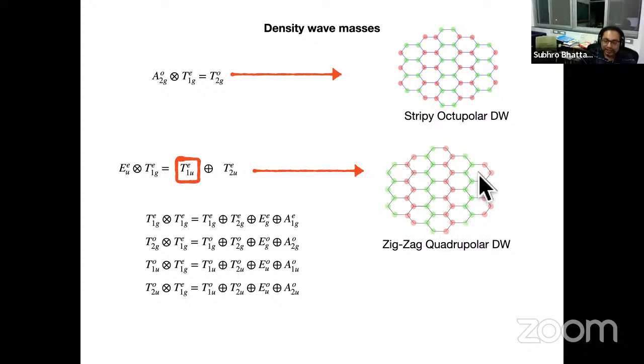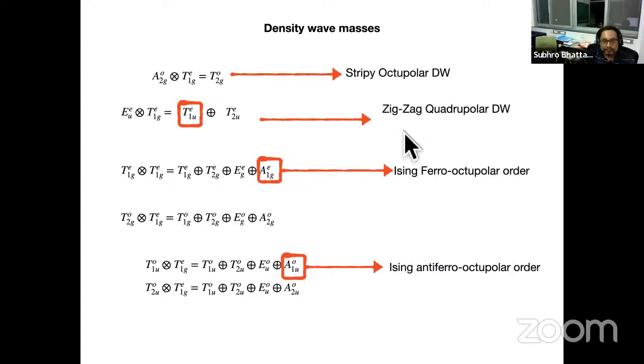People who are familiar with Kitaev type magnets would realize that these are very similar orders in the spin channel, which are relevant for the Kitaev magnets.